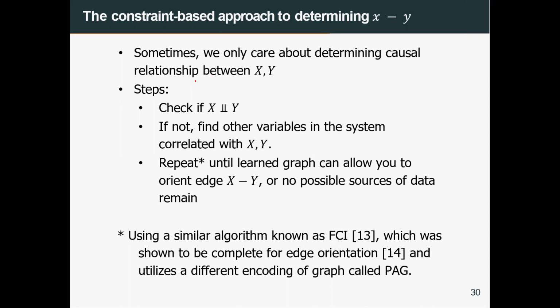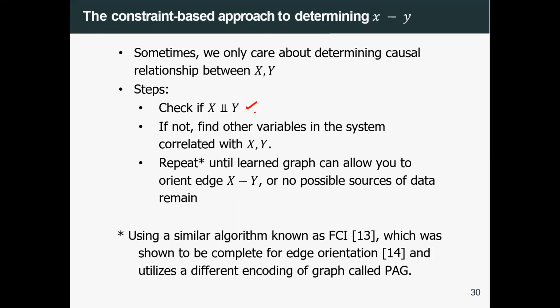Sure. Okay, so in a lot of situations we only really care about the relationship between 2 variables, although there might be thousands of variables in the system we're looking at. Consider the example with sleep and dementia from the previous homework. The studies reference a bunch of variables, but we really only care about the relationship between X and Y. The constraint-based approach is first checking if the 2 are independent, and if they are, then you're done.